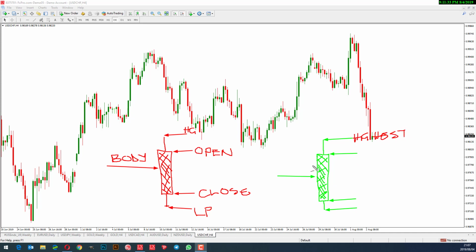This is the body, and this is the lowest point. In the case of a bullish candle, this now becomes your opening price. This is where the market opened, and this is where it closed, because prices are moving to the upside.